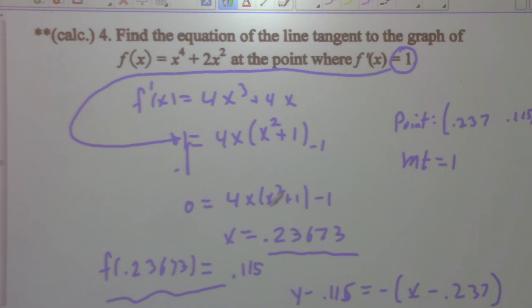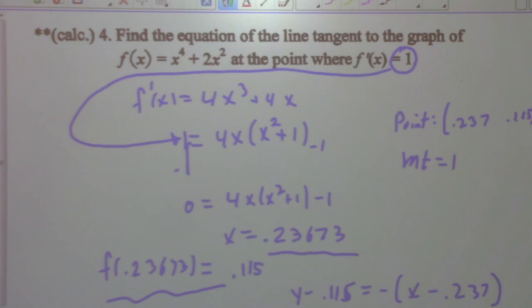AP Calculus standards are 3 decimal places, and what you have to be careful with is when you have an answer that's an intermediate answer to a next answer. And so if I round off to 3 decimal places here, I may not have an accurate enough answer to get a right answer down here. And so if you have an intermediary answer like this, I recommend going out to about 5 decimal places. That way, you're sure that your margin of error is still gonna be okay after you use that for your subsequent answer. Does that make sense to you?